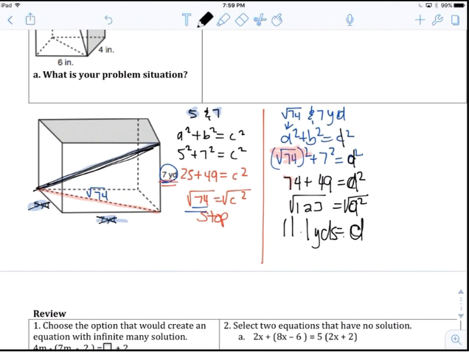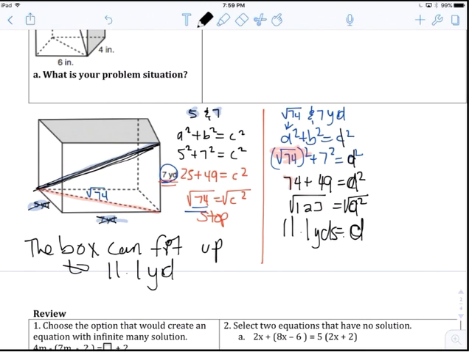So this box can fit up to 11.1 yards. Any more than that, if you have an item bigger than 11.1 yards, it won't fit. Anything lower, it will work.